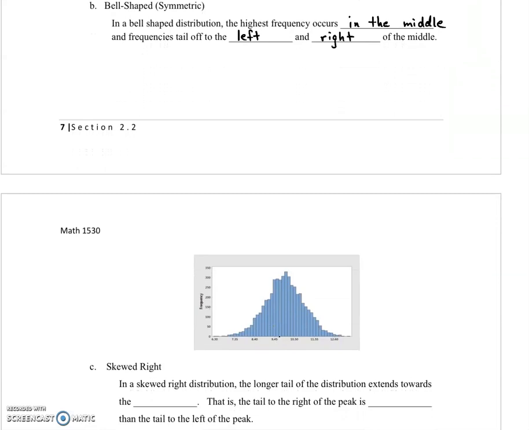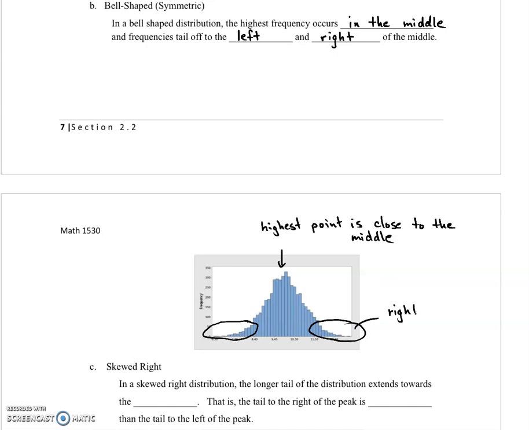So you notice the highest point is close to the middle. And then on either side here, where the frequencies get shorter, that's what we call the tails. So the one on the right side is the right tail, and the one on the left side is the left tail.